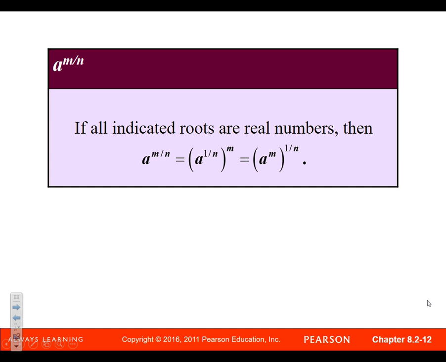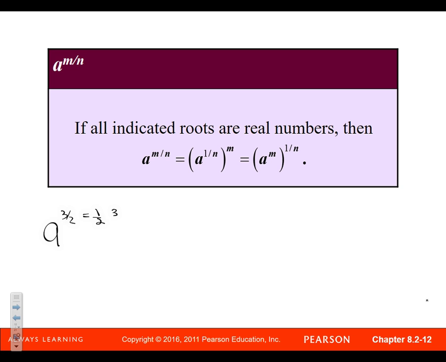Well, here, let me show it to you with some numbers in there, because it might make more sense to you. So let's say I had a to that 3/2. So remember how we split up the 3/2? I can break it up so that it's 1/2 times 3, correct?